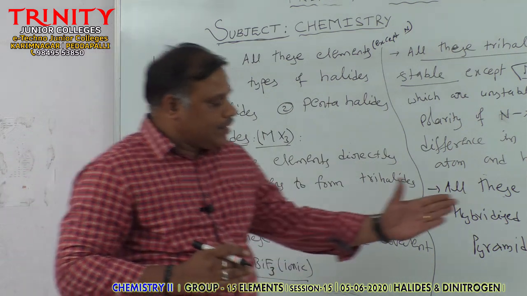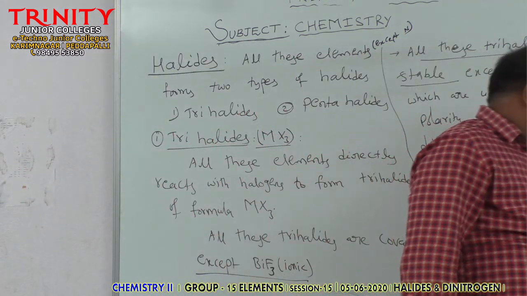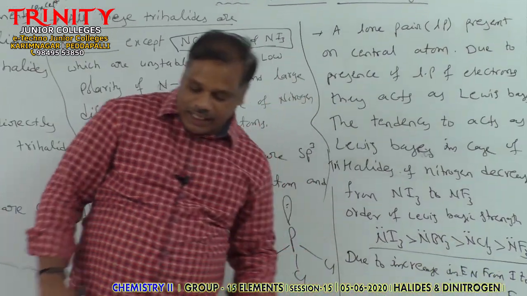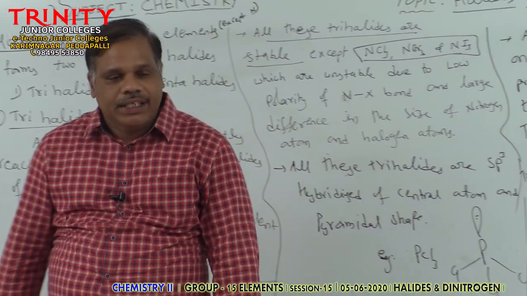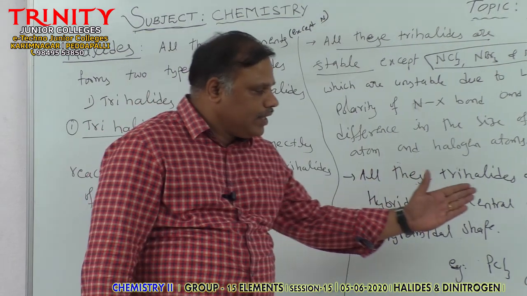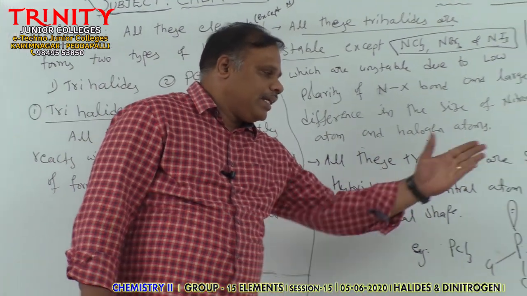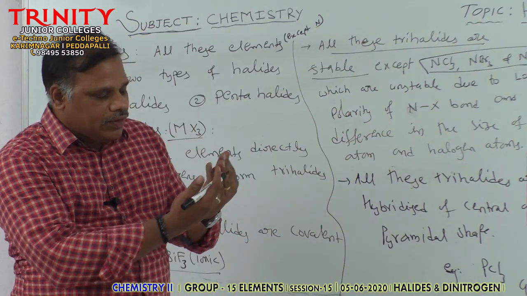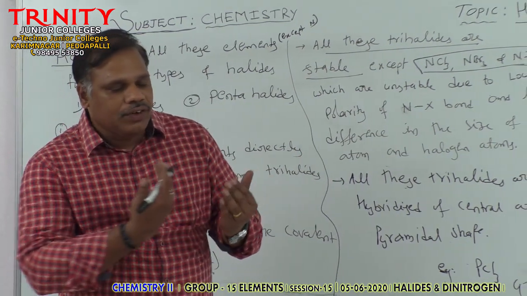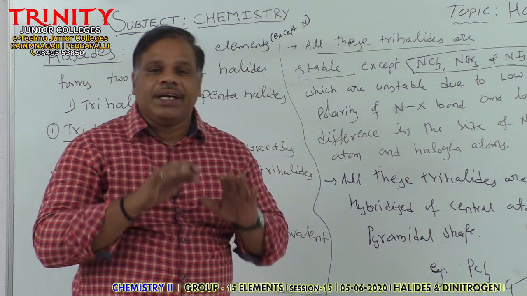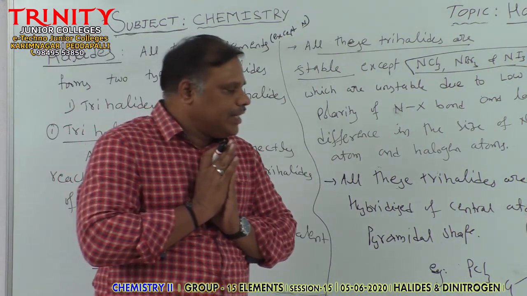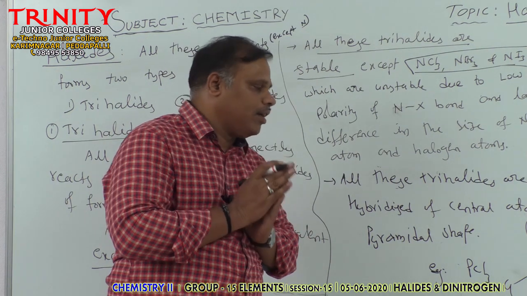In nitrogen trihalides, nitrogen is the central atom with no change in size, only the bonded atom changes. Hence as the bonded atom's electronegativity increases, Lewis basic strength decreases. Hence NF3 is a weak base and NI3 is a strong base.